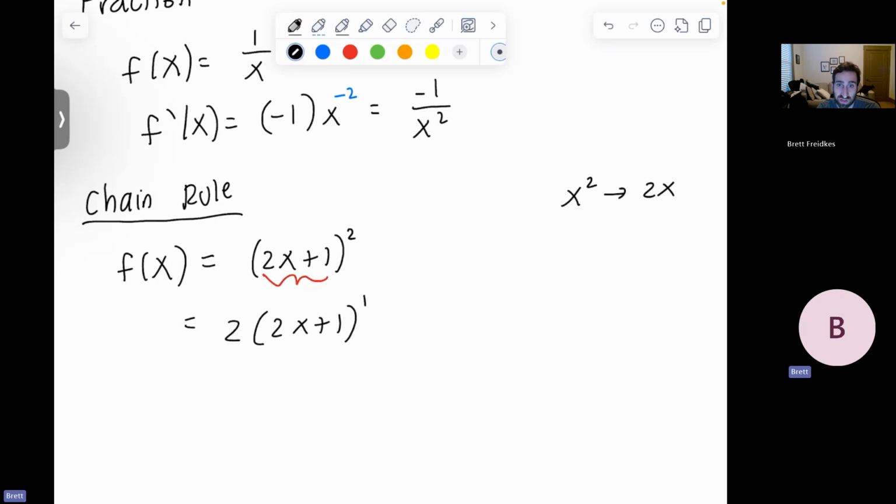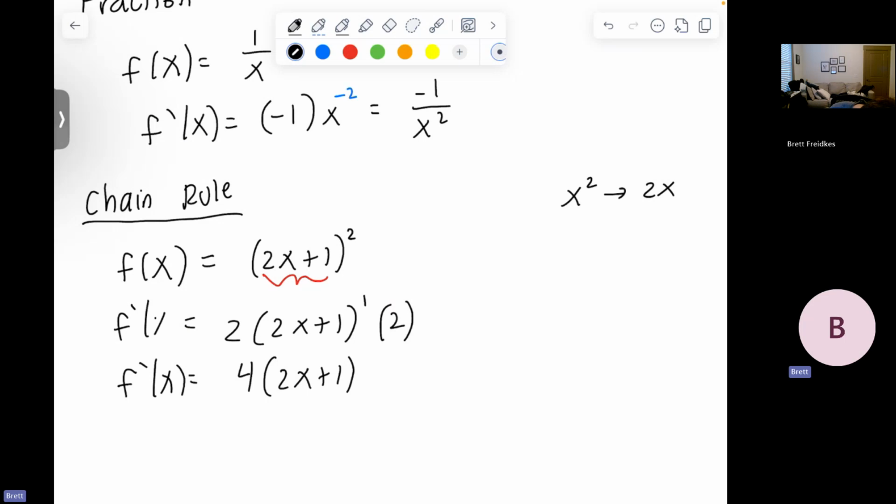That is the idea of the chain rule. So the derivative of the inside for this expression here is just a 2, which means that the equation here will be 4 times 2x plus 1. That is the derivative of that expression, which of course I can write as 8x plus 4 if I wanted to.